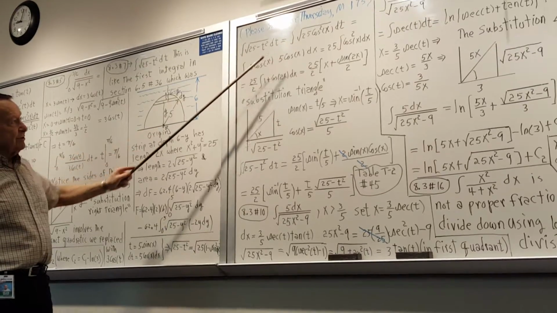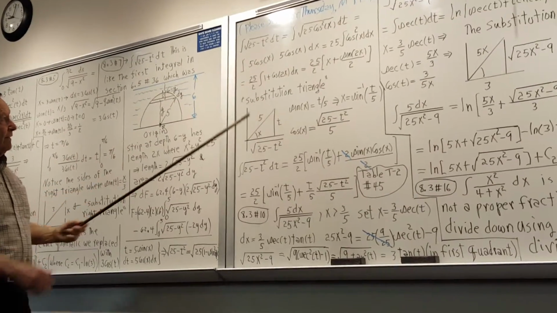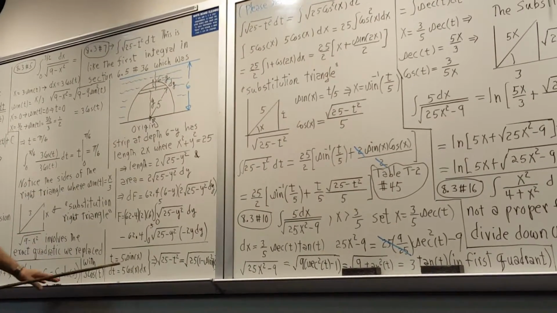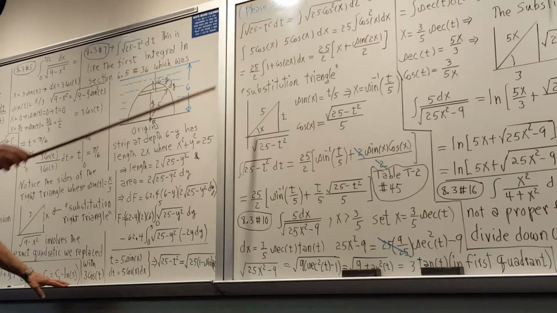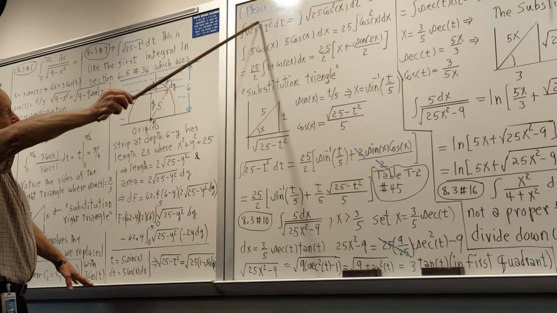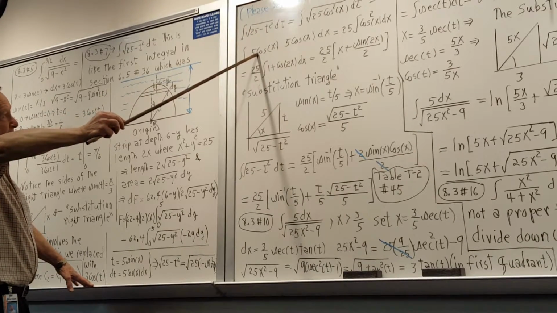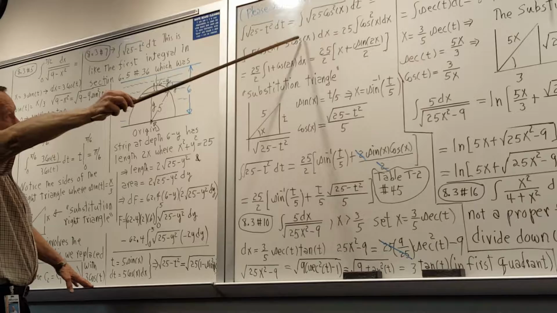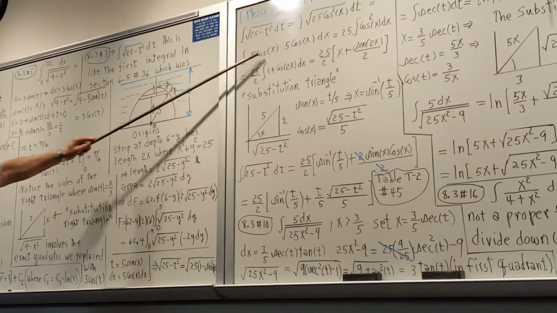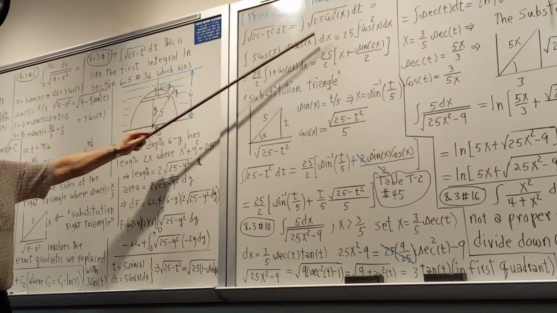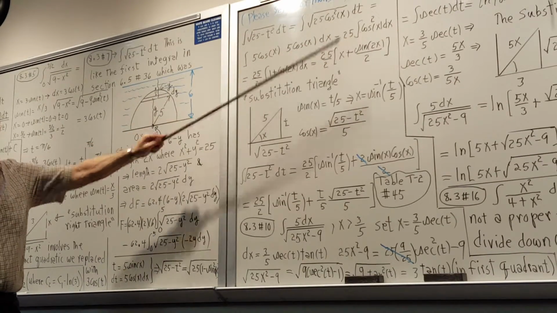And of course, that's your 5 cosine. Then you also have dt is 5 cosine x dx. So your square root here is 5 cosine x. Your dt is 5 cosine x dx. So altogether, you have 25 cosine square dx to do.